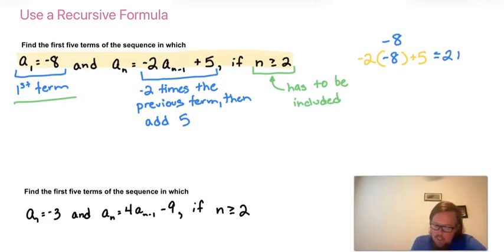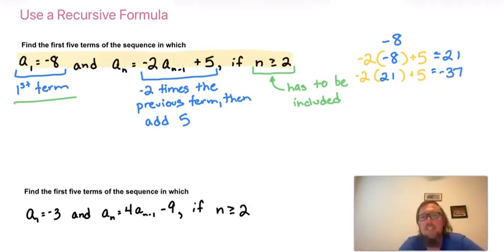We're going to get our third term by doing -2 times 21, our second term, plus 5. So -2 times 21 is -42. And -42 plus 5 is -37. So our third term is -37.